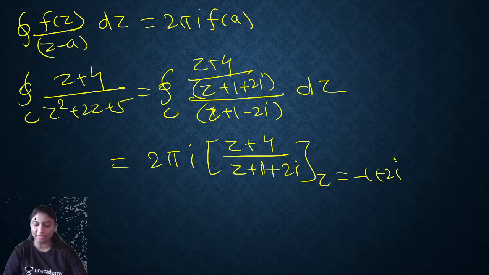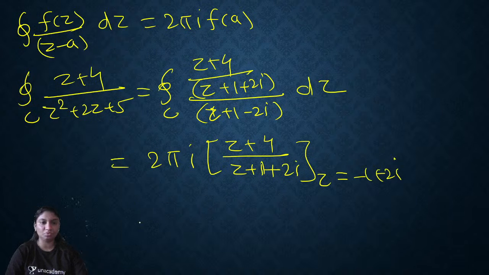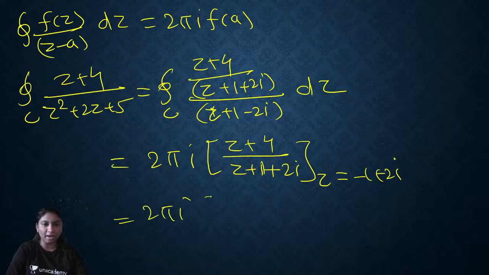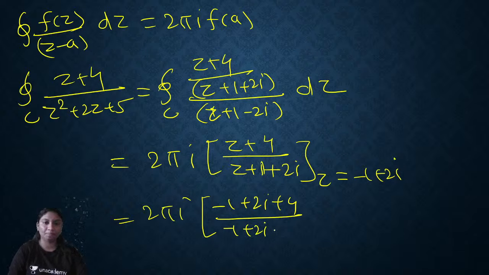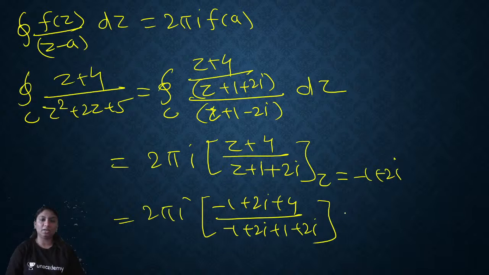Now just put the value z equal to minus 1 plus 2i. So 2 pi i into z plus 4, that is minus 1 plus 2i plus 4, upon minus 1 plus 2i plus 1 plus 2i.